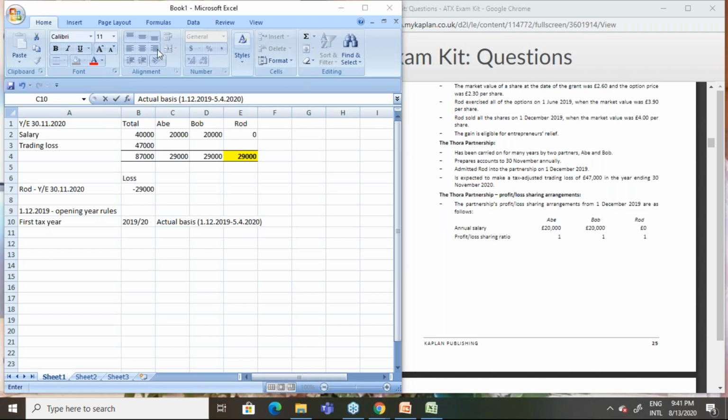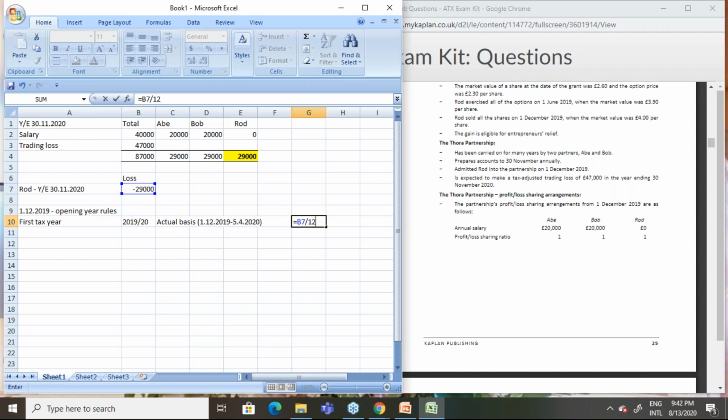Now, we have calculated the total loss, which is £29,000. That is for a period of 12 months. But on the actual basis, here we need to cover how many months? December, January, February, and March. 5th of April, the extra 5 days, you can just ignore. So during the tax year 2019-20, we have to find out the profit or loss only for a period of 4 months.